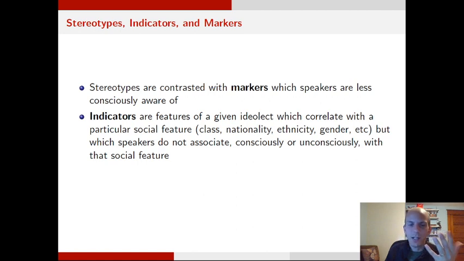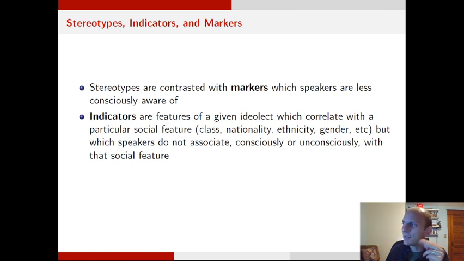These are possible connections between, again, a linguistic variant and a social feature that may exist, and people may not be aware of them, which is kind of interesting. Linguists can study this kind of thing and say, aha, there is actually a statistical correlation between this particular phonetic variation and this particular socioeconomic class, but people may not be aware of it.